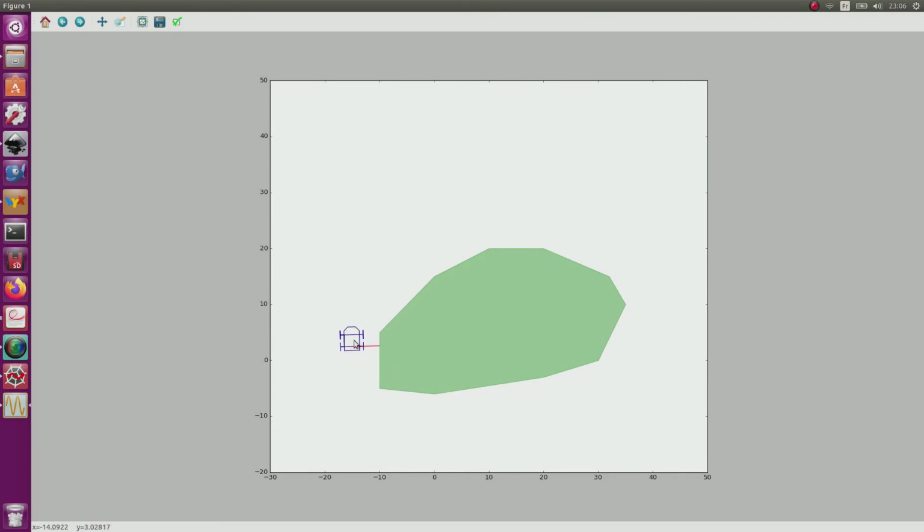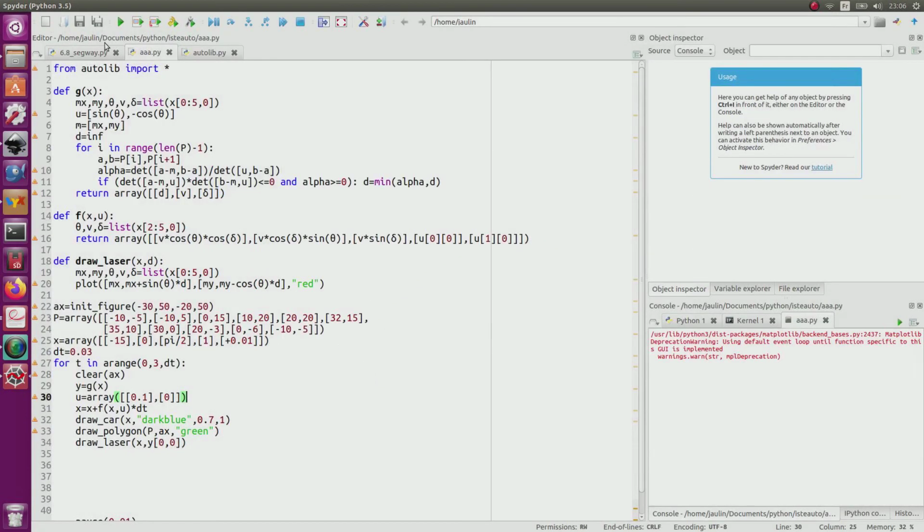I start from, I accelerate, so probably I do not accelerate enough, so I will accelerate more. Let's say 0.5. So I started with a very small speed, and I will try to turn a little bit more. So here I put 0.1. Okay. So I run it.